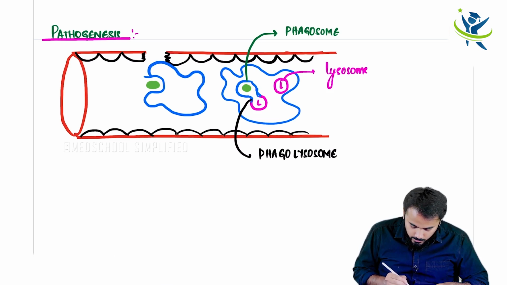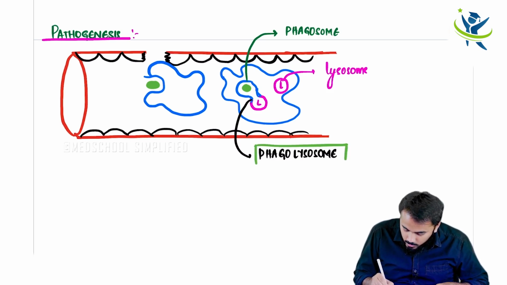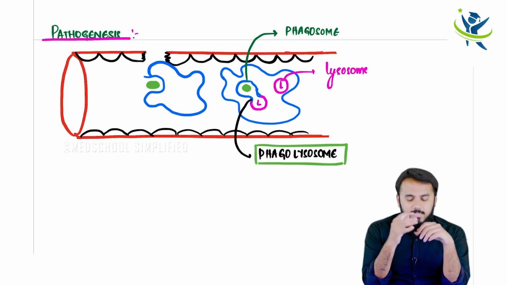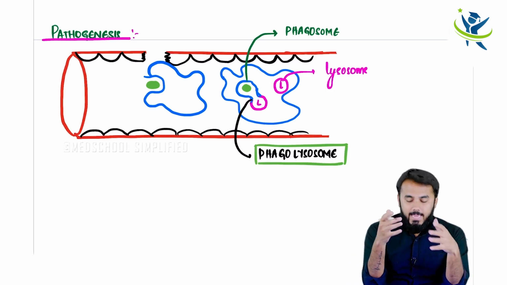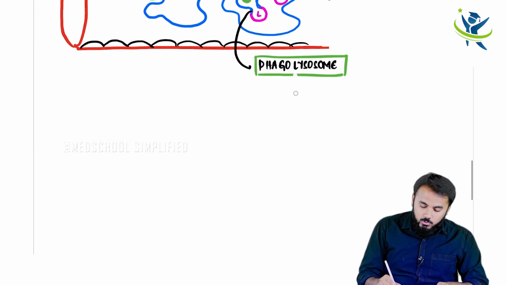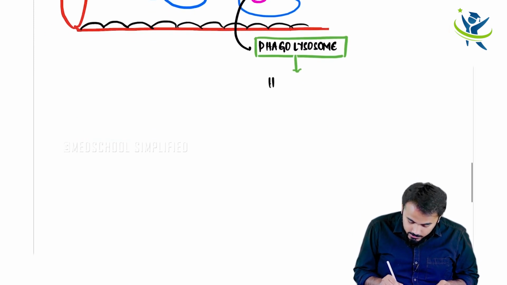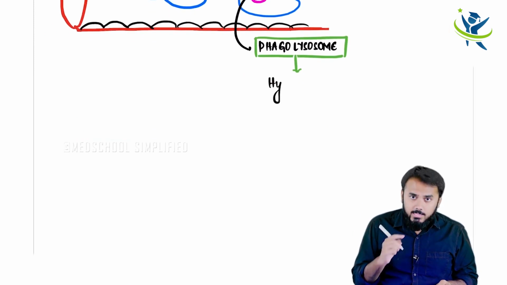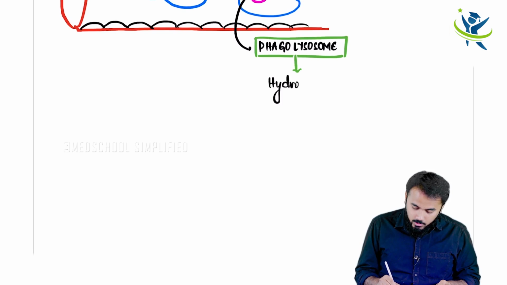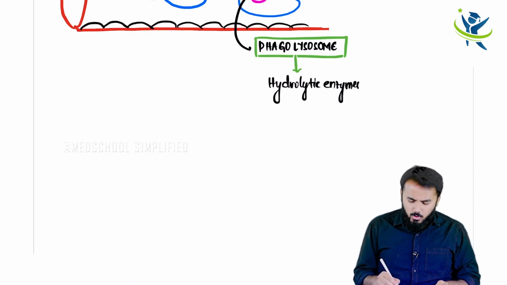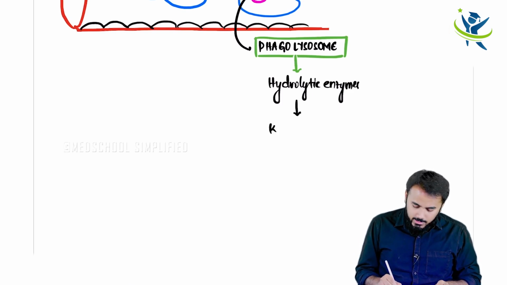This product which is formed right now is called phagolysosome. The lysosome is going to release some enzymes within this phagolysosome, and all of you know what those enzymes are? Hydrolytic enzymes. And what are these hydrolytic enzymes going to do? Obviously, these hydrolytic enzymes will kill the bacteria.